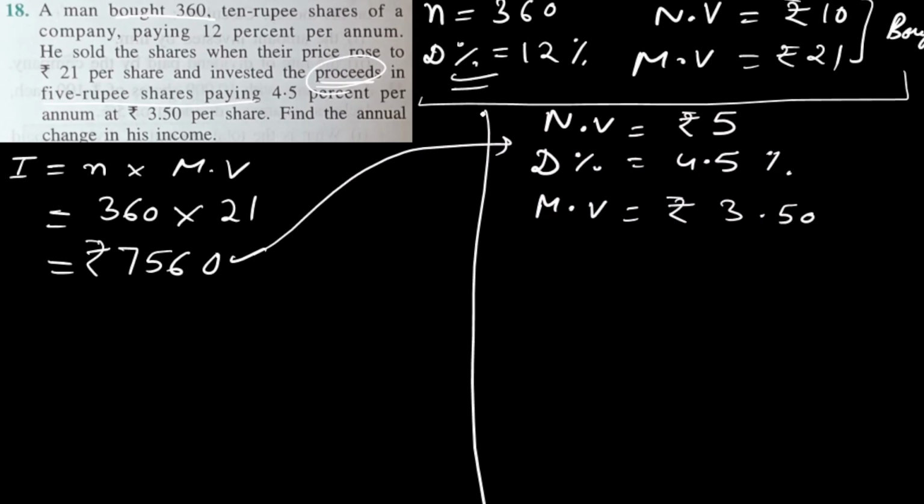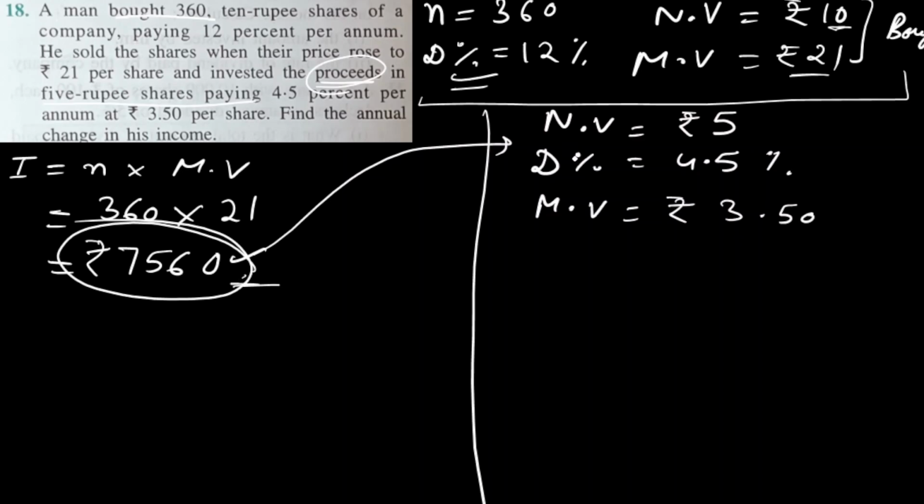See, this was the original company. In the original company, first of all, he bought 360 shares whose nominal value was 10. At some point, the price rose to 21. At that time he sold these shares, and whatever he got, that means the market value of these shares, will be his investment.